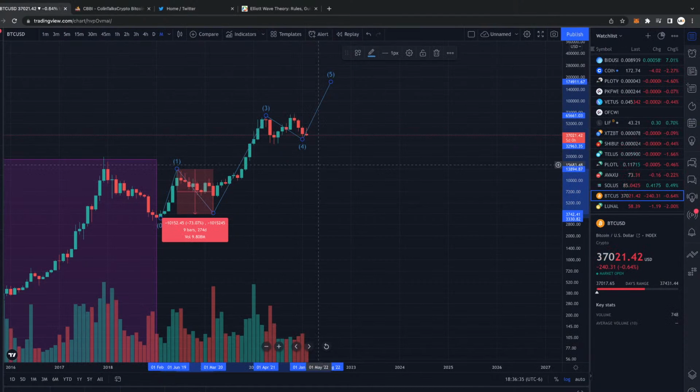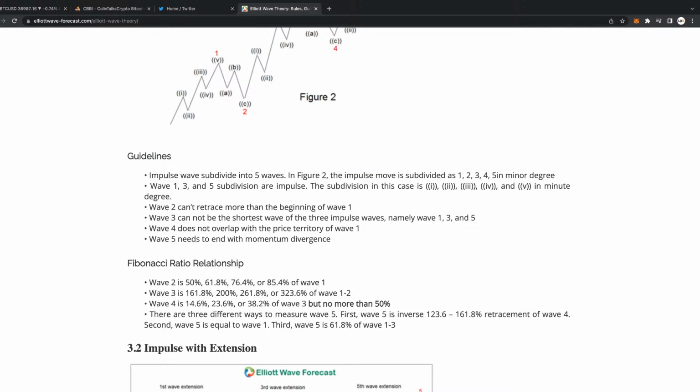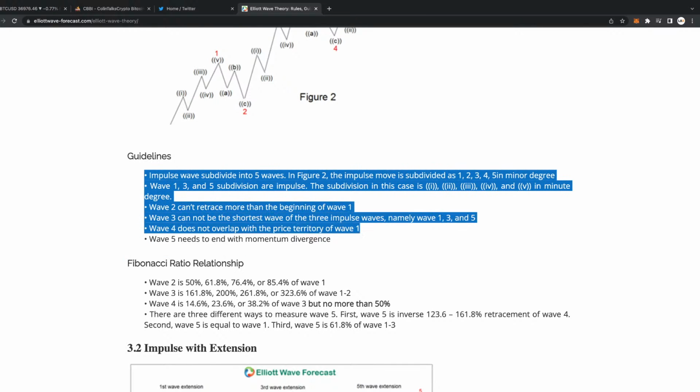Does the bottom of wave 4 correction here overlap the top at 13,000 over here? No, it does not overtop the top of wave 1. Okay, so that's amazing. We now have wave 4 does not overlap with the price territory of wave 1. Also valid. So far, all this is true.